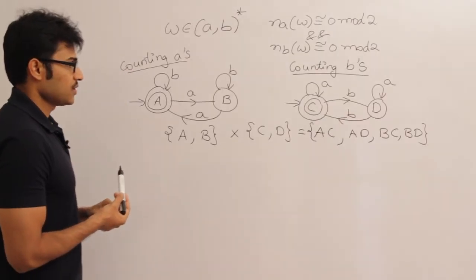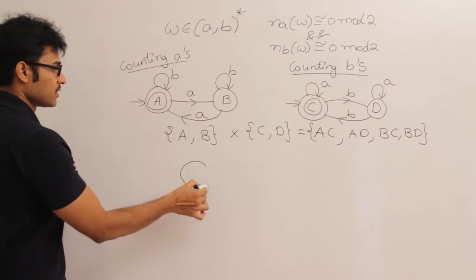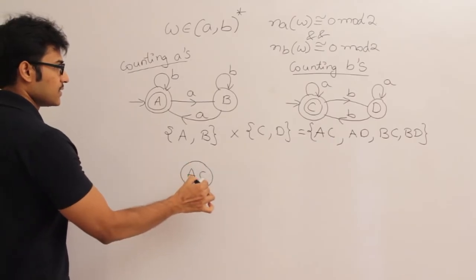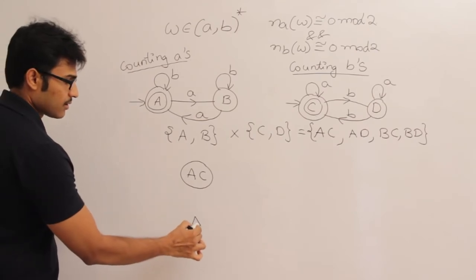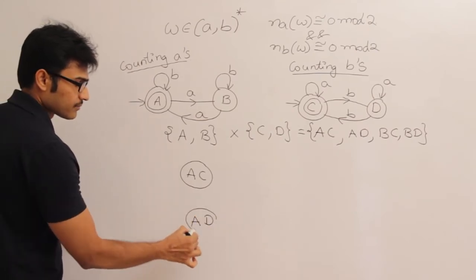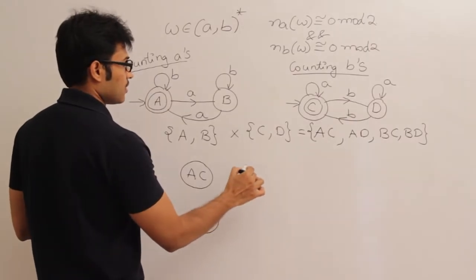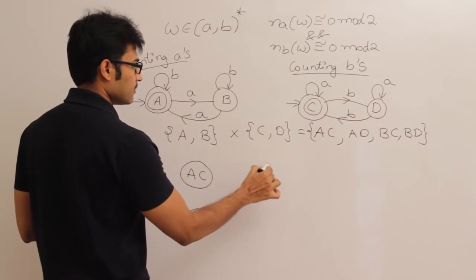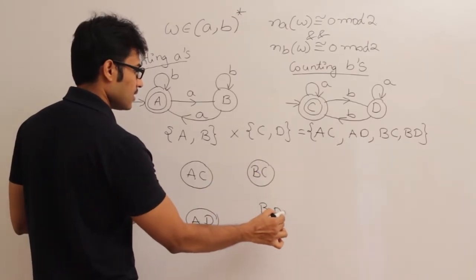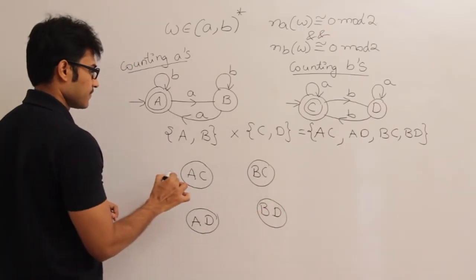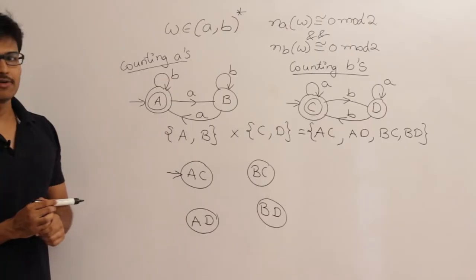First of all, we know that there are four states, so I'm just going to draw four states: one is AC, the other is AD, the other is BC, and the other is BD. After drawing these states I should know the transitions.